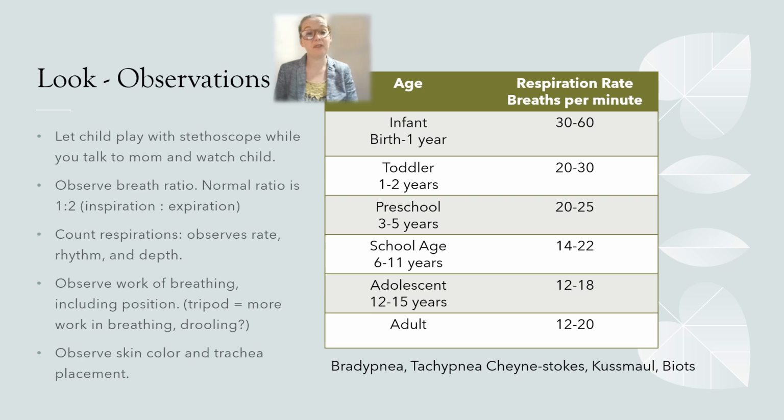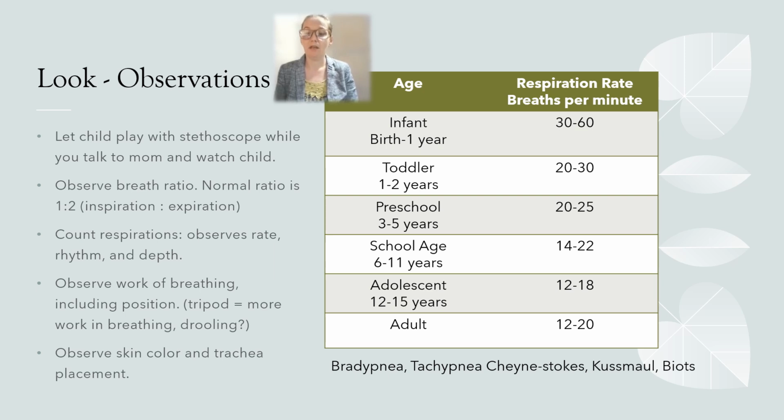Tachypnea, where your breaths are faster than normal. If you have a patient who's afraid, you very well may have tachypnea on a scared assessment versus a normal assessment. So sometimes in that talking with mom or talking with whoever brought the child in, you can observe their respirations before you ever interact with the child, and that will be a more normative respiration count.